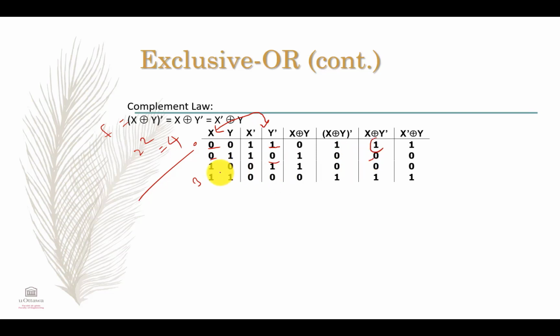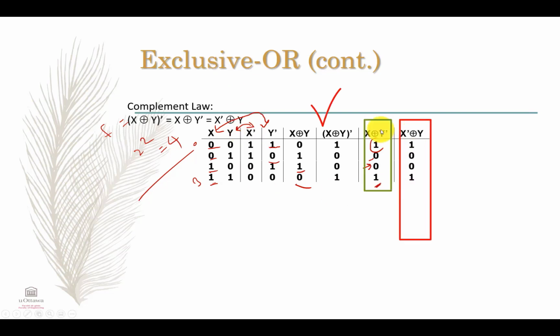And 1 and 1, they are equal to each other, so it's going to be 0. And 1 and 0, they're different, so the answer is 1. Applying the same on those two columns, I get a column, and as you can see, they are equal to each other.